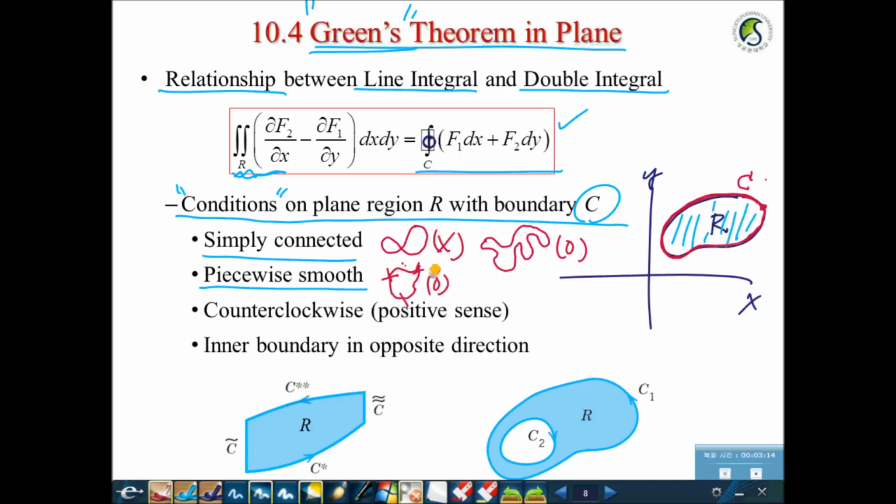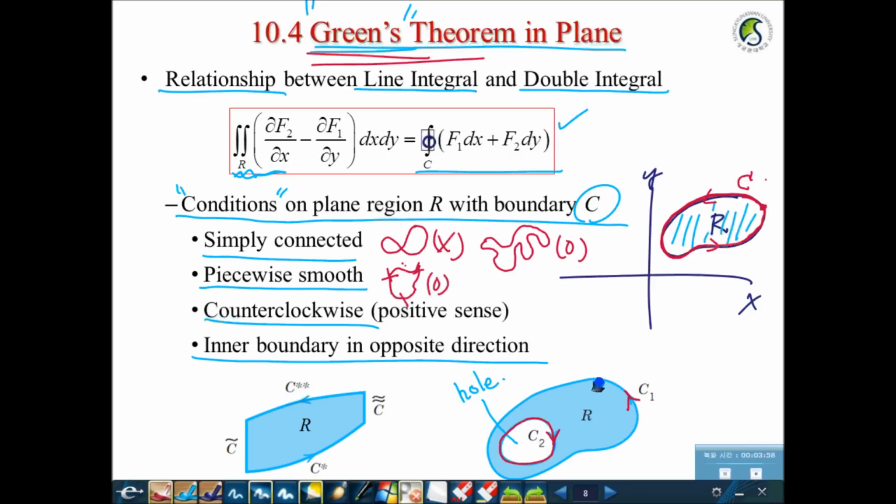And it has to be counterclockwise. That's the positive sense. If it's positive, it has to be a counterclockwise rotation, like that, to use Green's theorem. One last special condition: if you have an inner hole inside the region, the boundary curve surrounding the hole has to have the opposite direction.